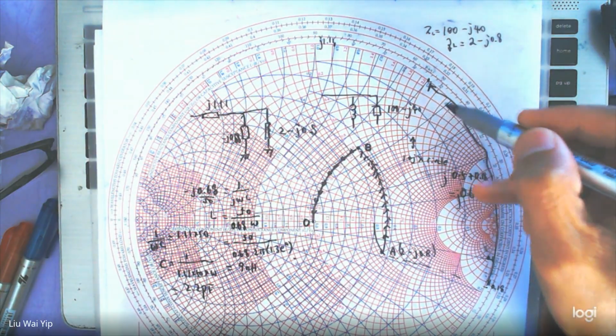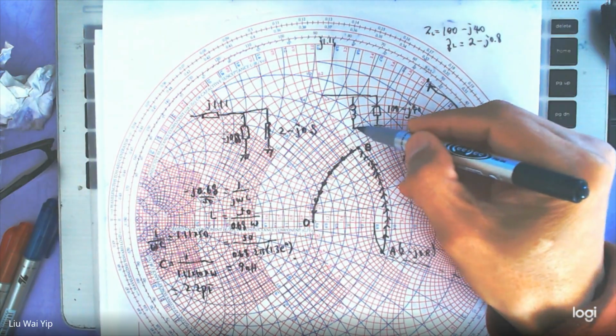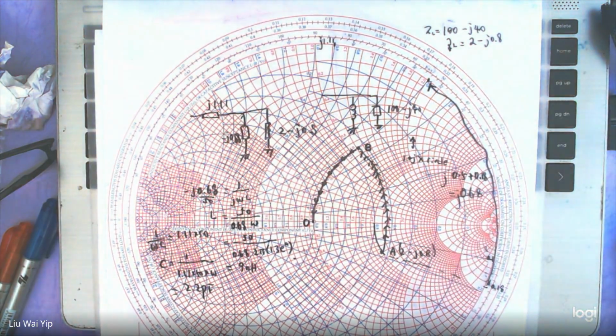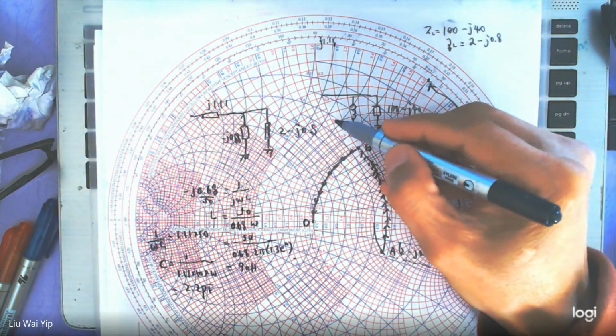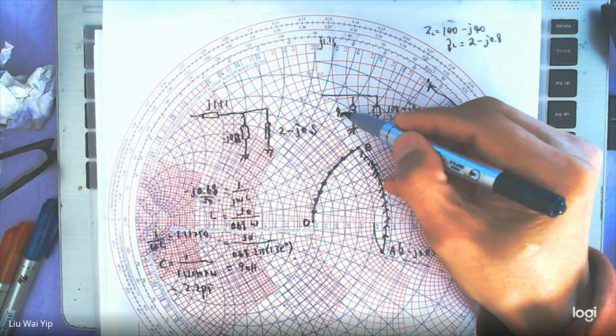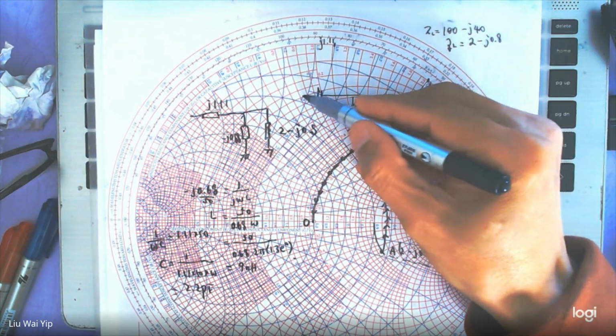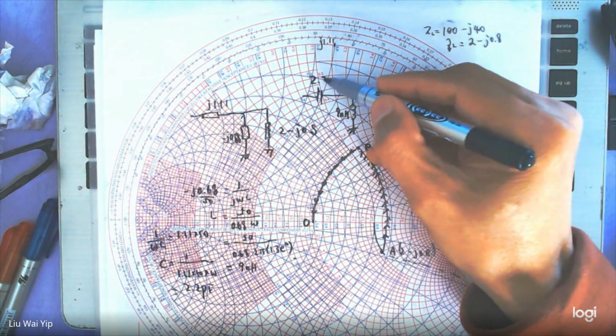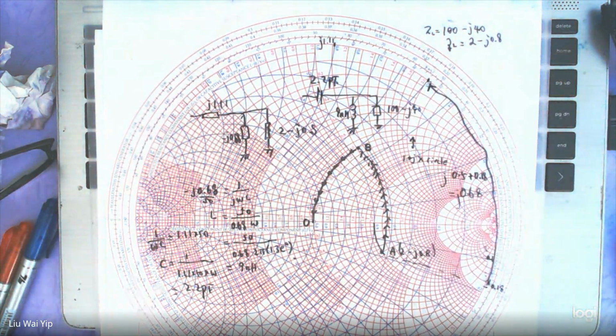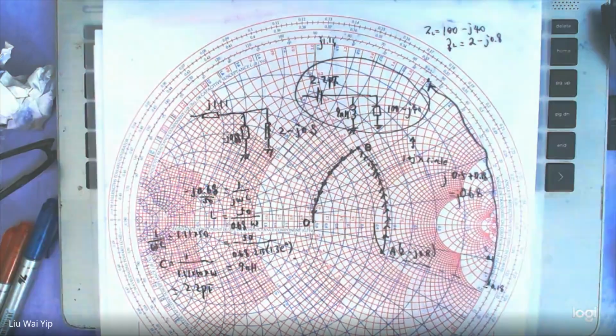Sorry, yes, correct. Here 9 nanohenry, and then capacitor 2.2 pico. So this is your solution.